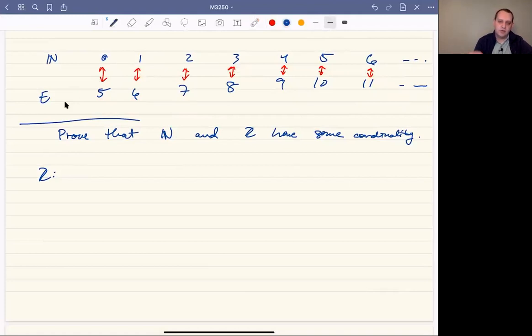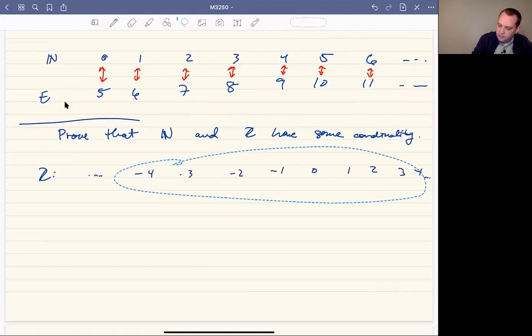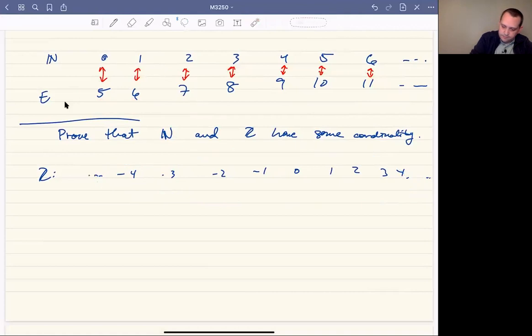So we'll do the same trick with the integers. The integers are, let's say, -4, -3, -2, -1, 0, 1, 2, 3, 4, and so on. Let me add commas so it's a little easier to read. What we want to do is systematically count the integers.